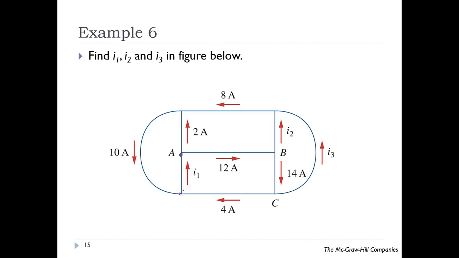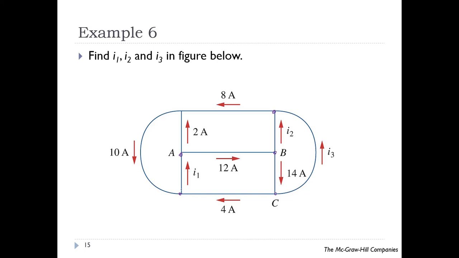Regardless of the node that you choose, you are going to get the same answer. For current I2, you can choose the B node or the upper node, and for the current I3, you can choose C node or the upper node.